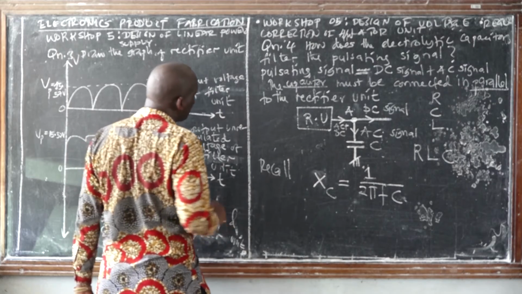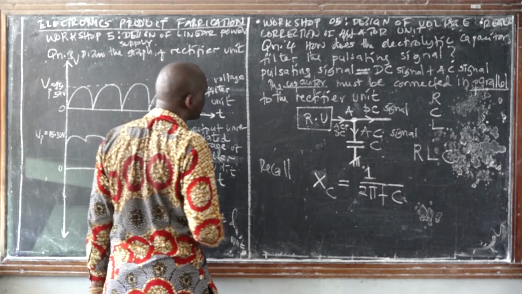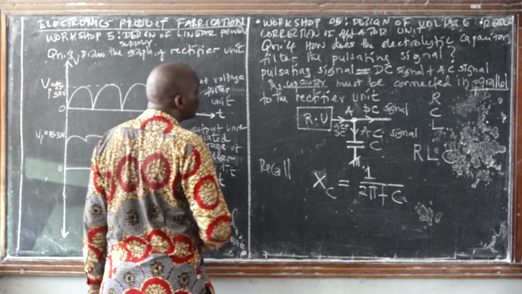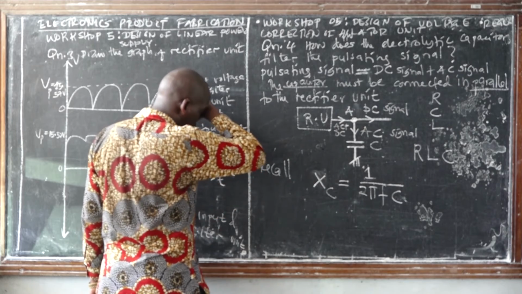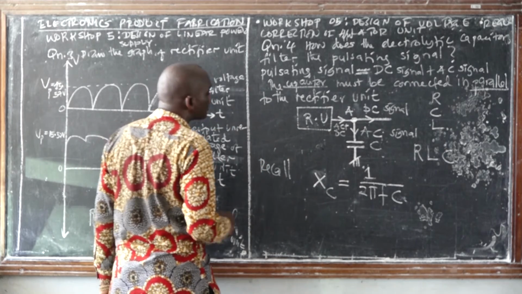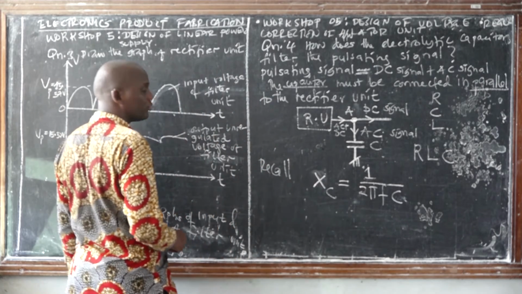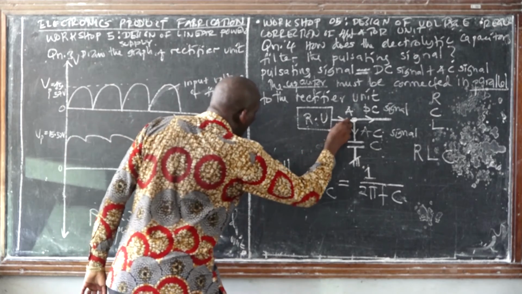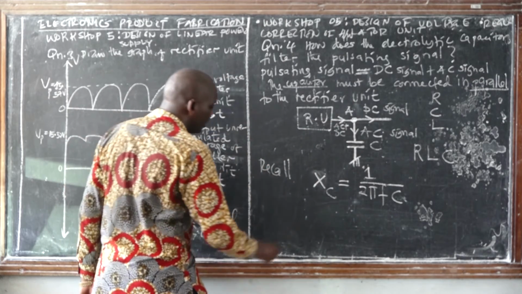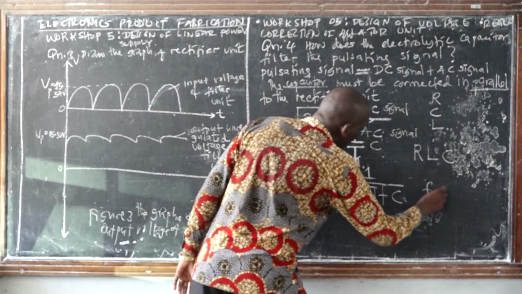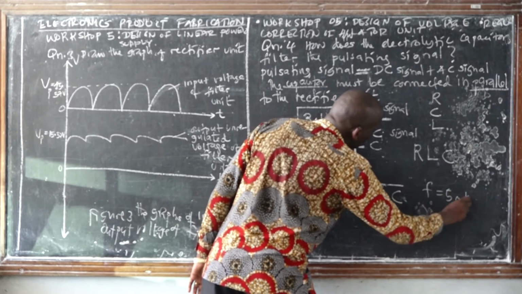cases, even input coupling and output coupling capacitors don't allow the DC signal to flow back or to flow to the directions where it's not desired. So here's the reason. For the AC components, which are outputs of the rectifier unit, the frequency is 50 Hz.